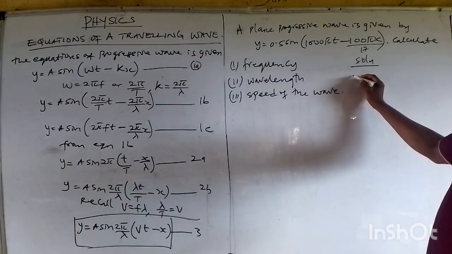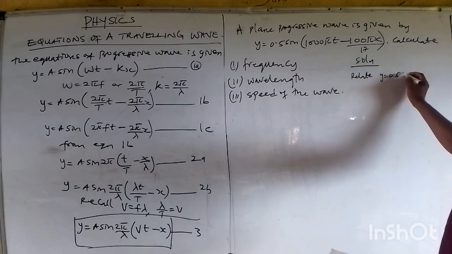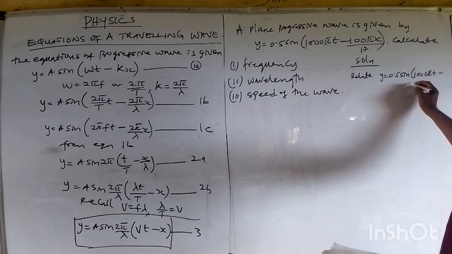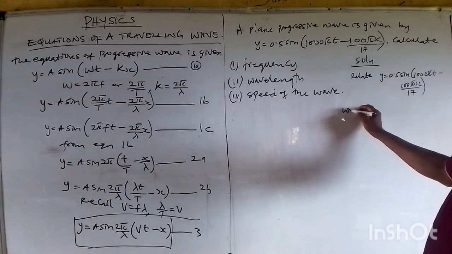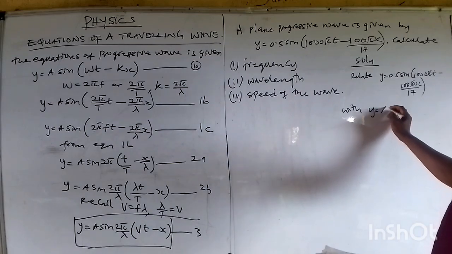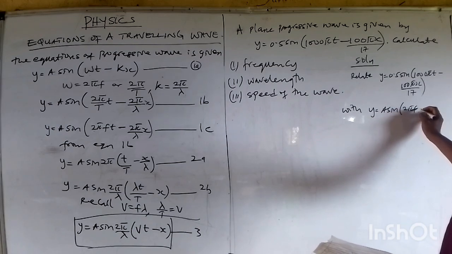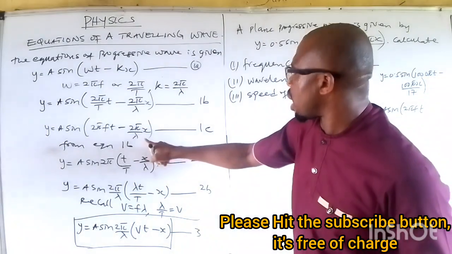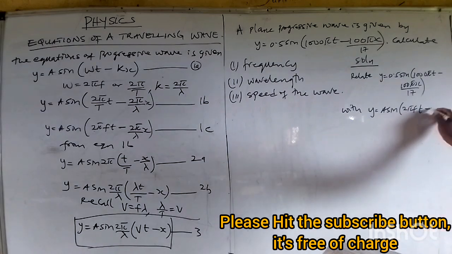So we relate y is equal to 0.5 sine (1000 pi t minus 100 pi x all over 17) with the equation that says y is equal to a sine (2 pi f t minus 2 pi all over lambda x), which is equation 1c.